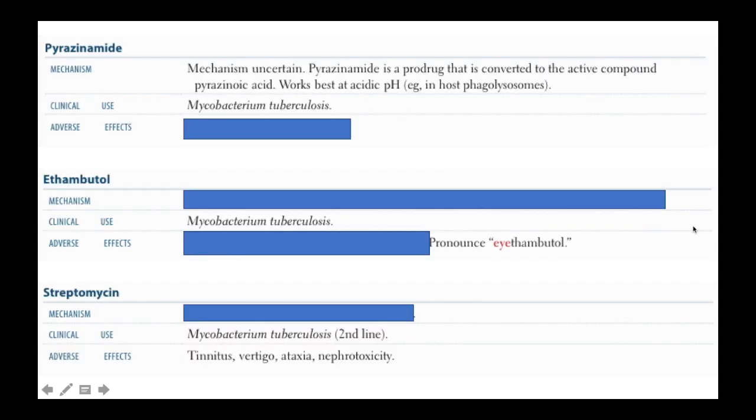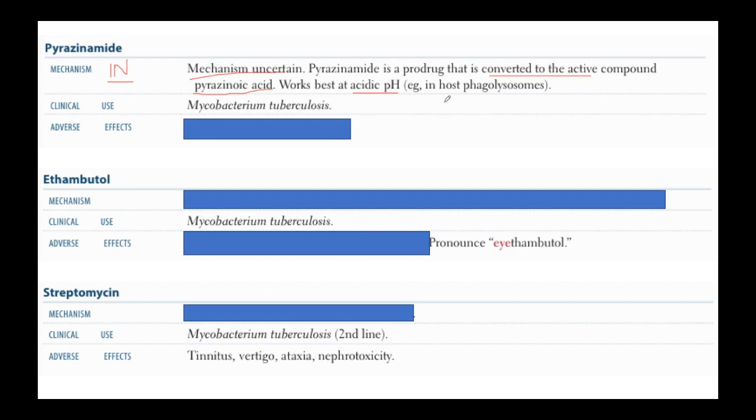And then we have all these other guys that I smushed together on one page. We have pyrazinamide, like I mentioned before. The mechanism is unknown, but it is intracellular. And this guy also gets converted to an active compound called pyrazinoic acid, and works best at an acidic pH. Does anyone know the adverse effects for pyrazinamide? Hepatotoxic?